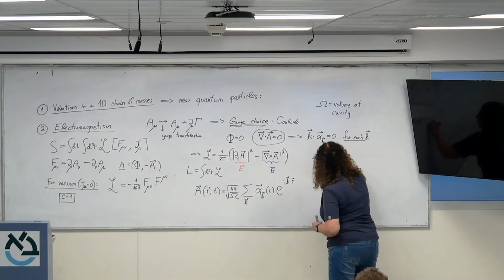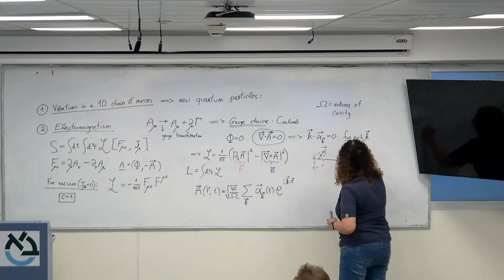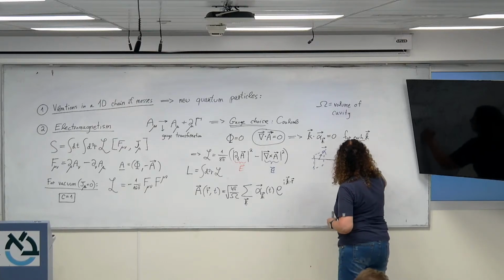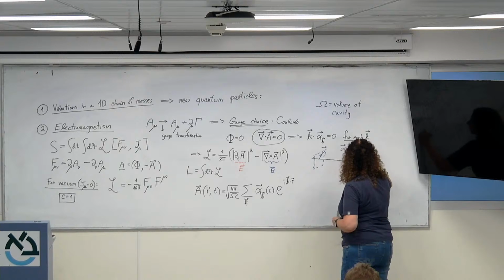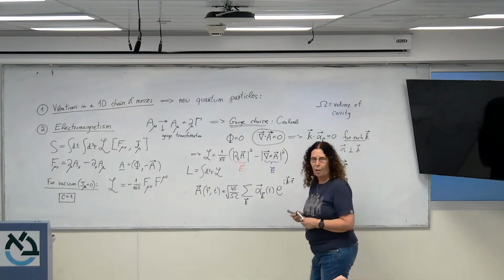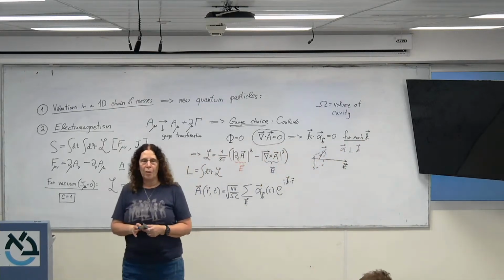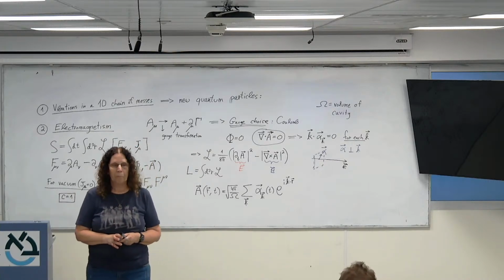In other words, the vector alpha has to be perpendicular. Therefore, it's confined to a plane.